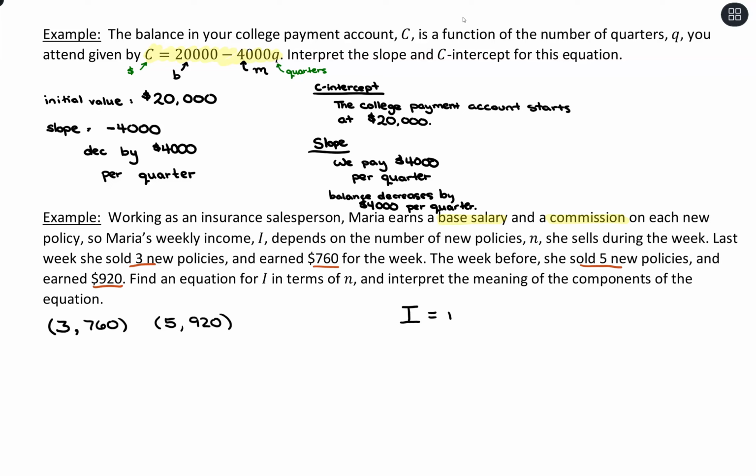which tells me her base salary, so Maria's base salary is that $520 each week.